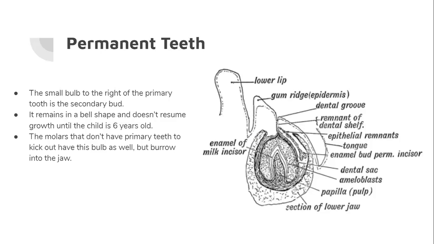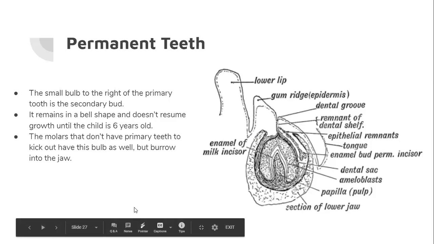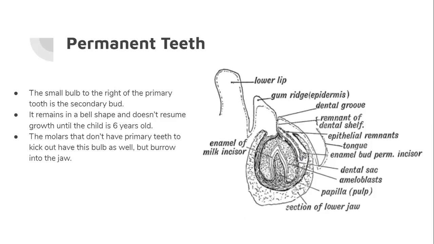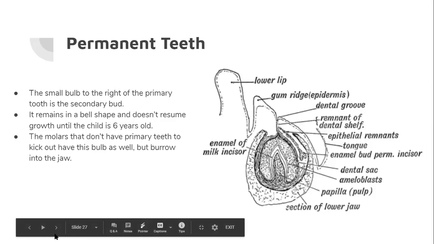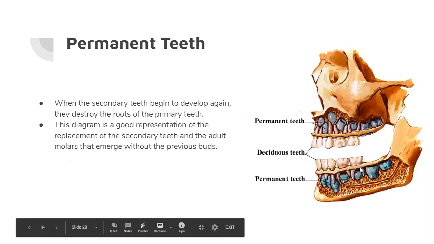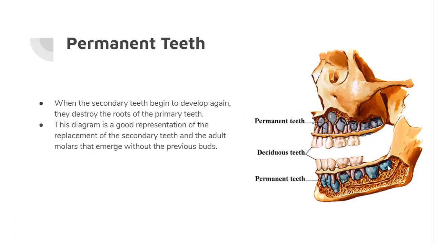It's the secondary tooth that's actually eating away at it. And the interesting thing is, the ones that don't have primary teeth actually have this bud anyway, and it just burrows deep into the jaw. I wanted to show this picture because you can see in the back jaw portion, the molar, there's no tooth before it, which is pretty cool because those little buds were still in there, and so they come up anyway, around 6 to 8 years old, and then you'll have your adult molars.